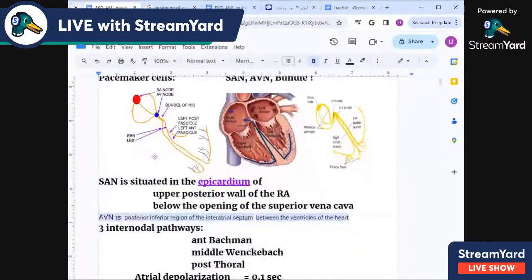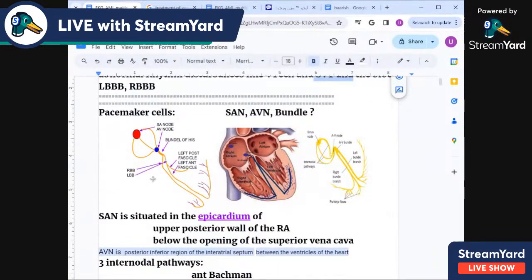So before we start doing all these, we'll start with the pacemaker tissues, where they are located, how they function, and their action potential generation. The main pacemaker tissue is the SA node. And where is the SA node?